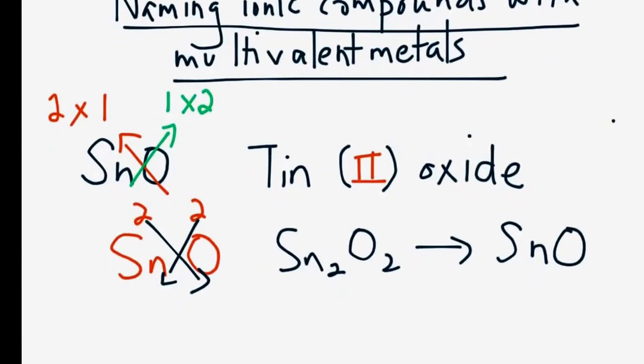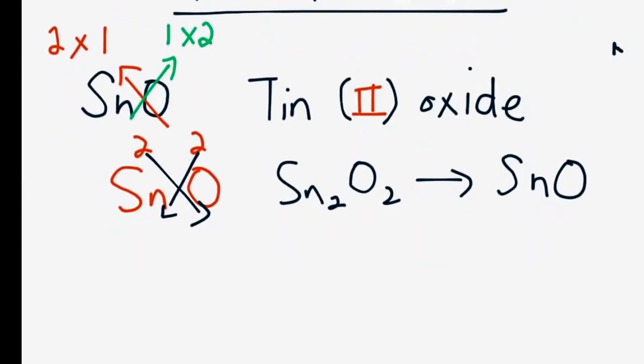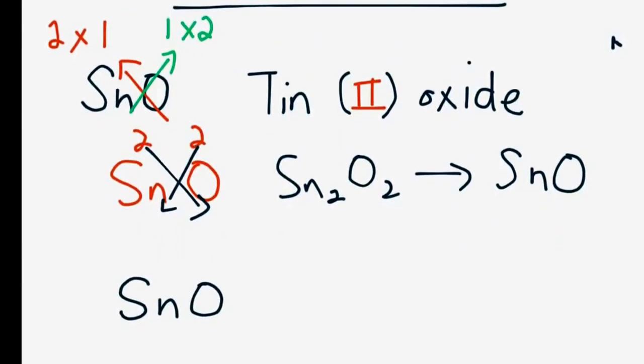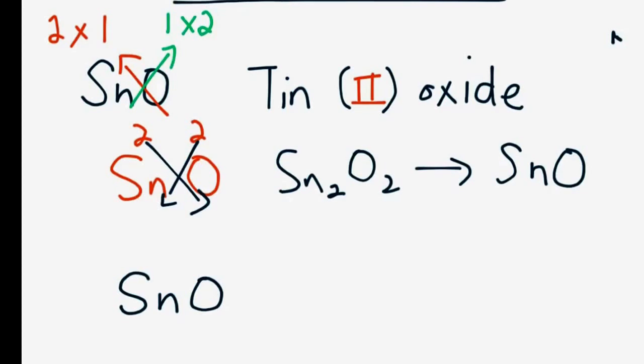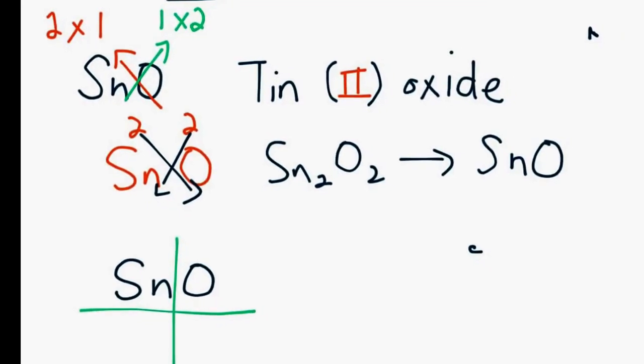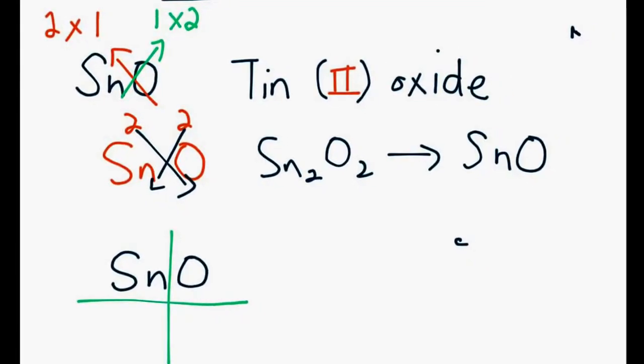Now, if we did the same formula but with the zero-sum rule, here's our negative on the right, and here's the positive on the left. Oxygen has a charge of -2.